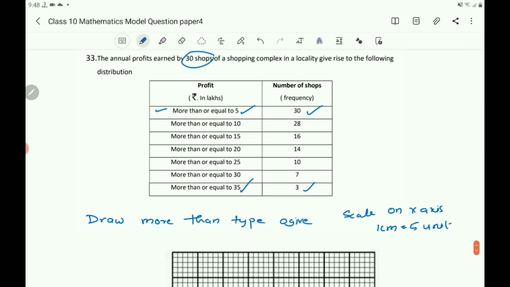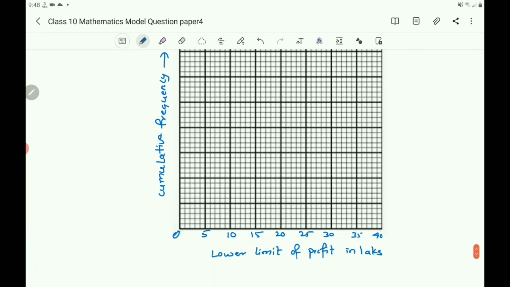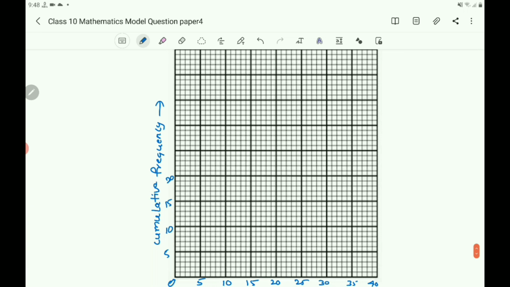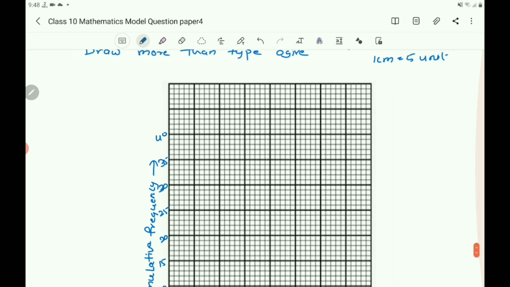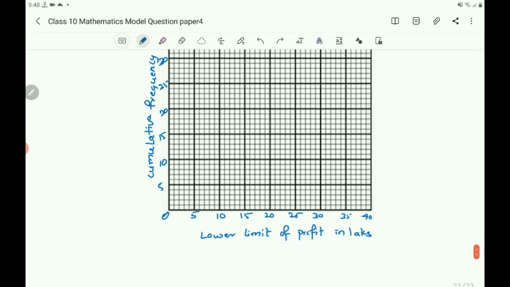And for CF also 30 maximum. Then also you can take 5, 10, 15, 20, 25, 30, 35, 40, 45, 50. So here for both it is okay. The scale is 1 centimeter equals 5 units.